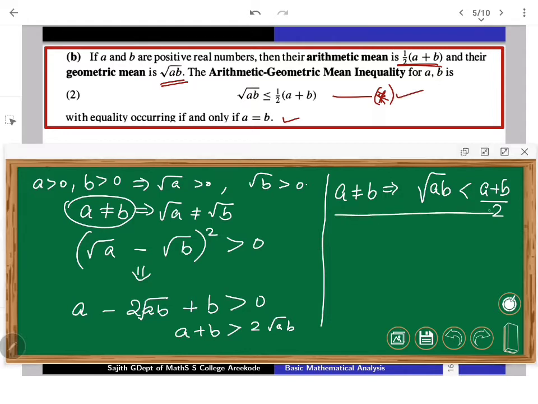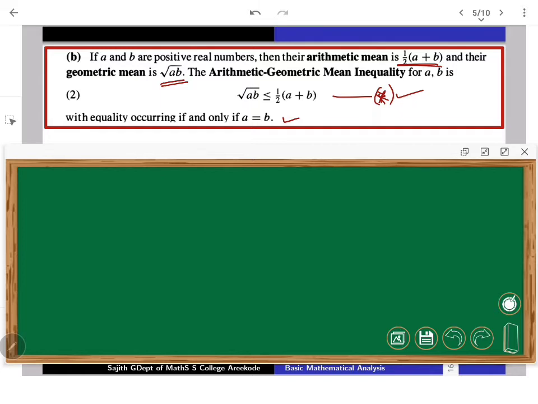That is happening here. So what happens for a equals b in this case? That also you can check. On the other hand, if a equals b, and you are assuming b is positive, so both are positive, then what happens for star? a and b are equal, both are positive. So the left hand side and right hand side are equal.